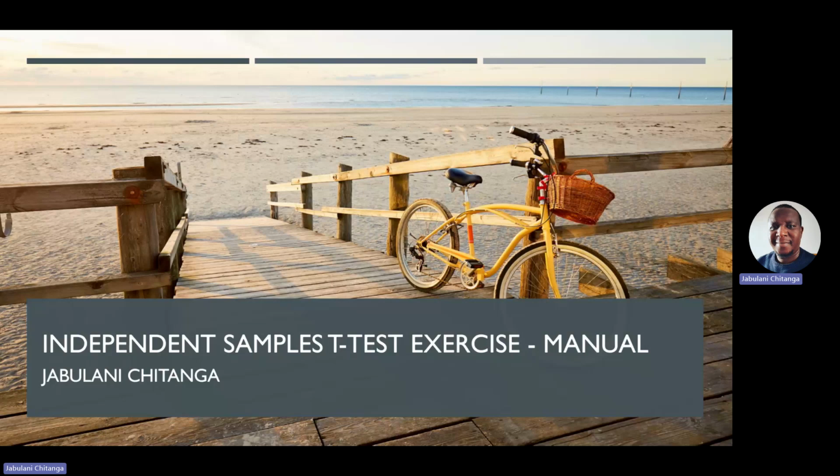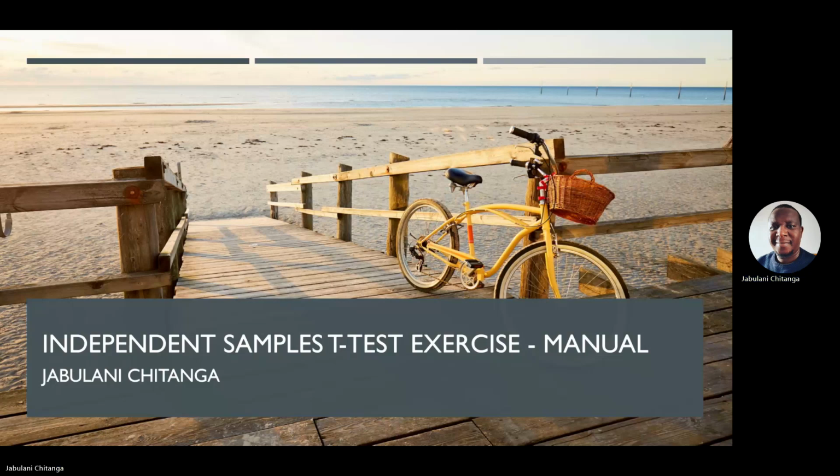So we have two groups or two conditions, mostly from an experimental design, whereby often we have a treatment group and a control group. We assign participants in a treatment group and we assign participants in a control group. When we have such a scenario, that is when you run an independent sample t-test.